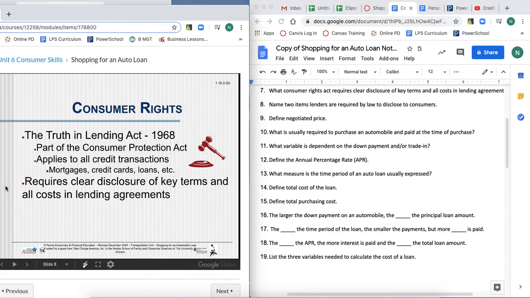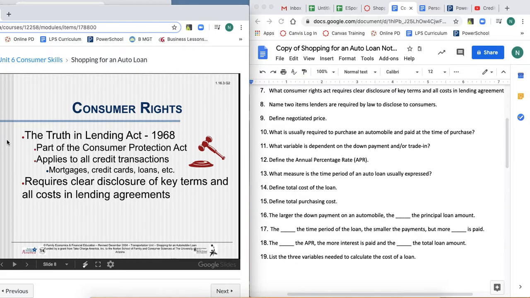And there are things called consumer rights. There are a couple pieces of legislation that protect the rights of consumers when they are going to buy a car. For example, the Truth in Lending Act, which was put into place in the late 60s, is part of the Consumer Protection Act. It's like a subsection of that act, and it applies to credit transactions.